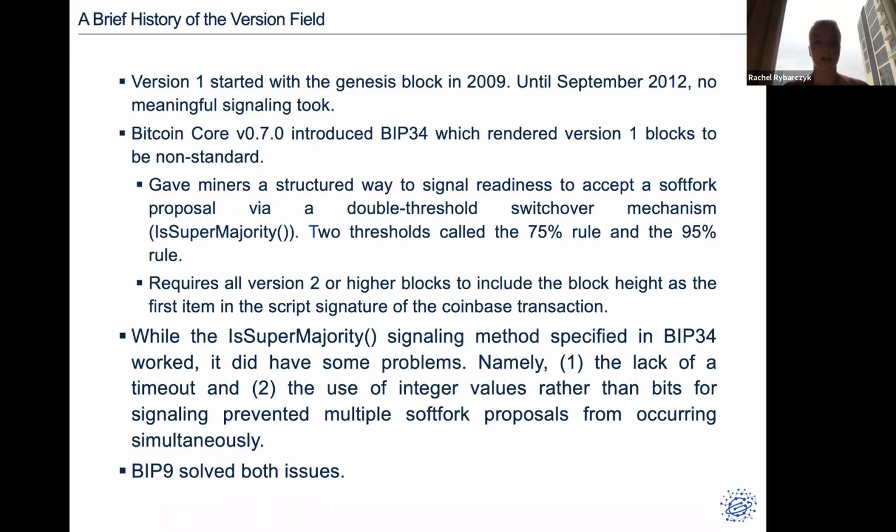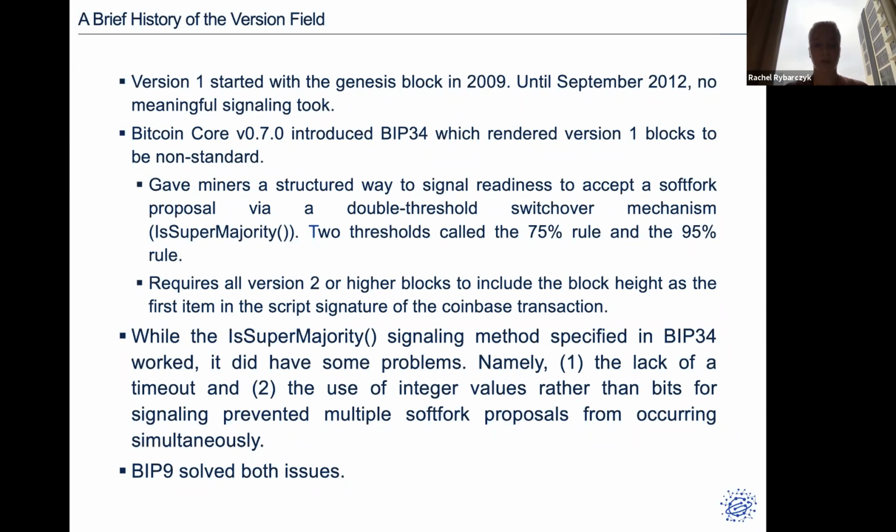What this did, it gave miners a structured way to signal readiness to accept soft fork proposals. This is done via what's called a double threshold switchover mechanism, also called supermajority. It's kind of a mouthful, but basically it just means there's two thresholds to adopt a new proposal.